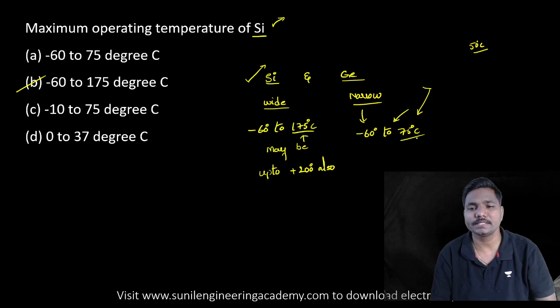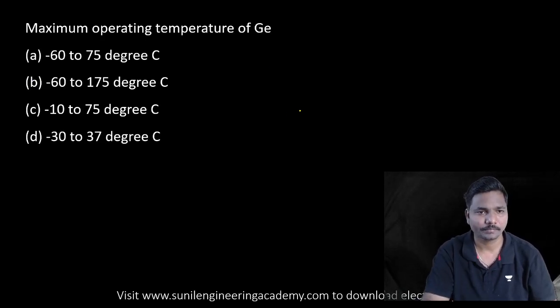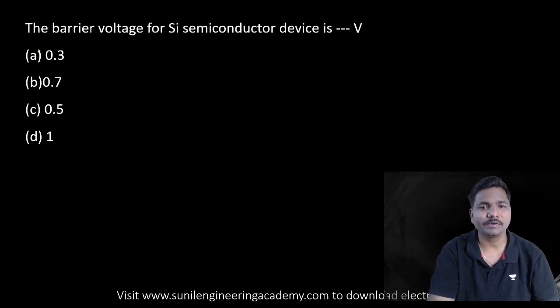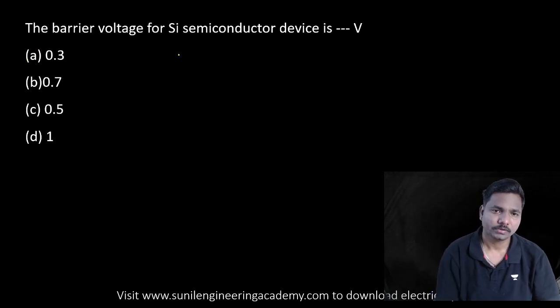Whenever the temperature values are more, it can handle more power. Operating temperature of germanium minus 60 to 75. The barrier voltage for silicon semiconductor device is dash. We know for silicon the barrier voltage is 0.7. In case of germanium it is 0.3.